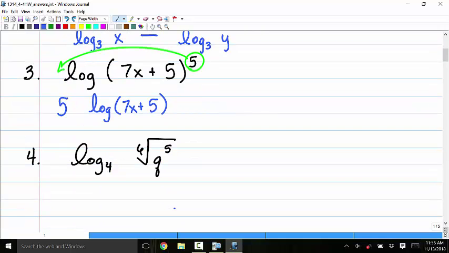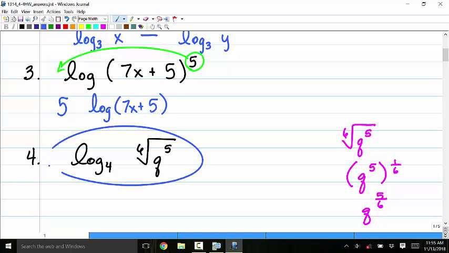Number 4. I need to rewrite the 6th root of q to the 5th. How do I rewrite the 6th root of q to the 5th? It's q to the 5th to the 1/6, which is q to the 5/6 power.